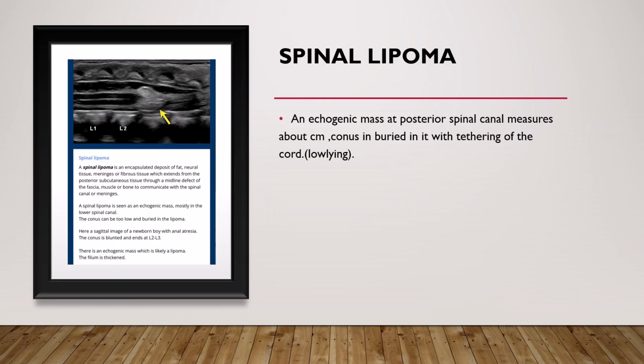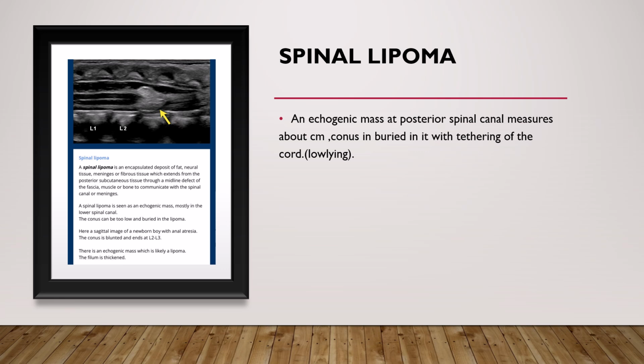Another lesion you can see, the spinal lipoma. It's an echogenic mass at the lower end of the spinal canal, and we can measure it, and we can see the conus medullaris buried in it, and there is tethering of the cord, meaning lowering of the spinal cord.